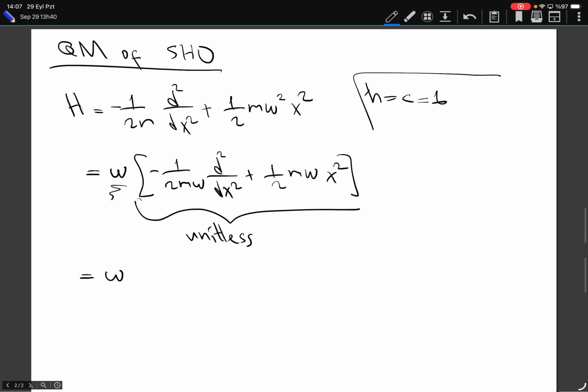Well, this looks like the difference of two squares. Let me write it in that form: square root of m omega over 2, x minus i over square root of 2m omega, d over dx.